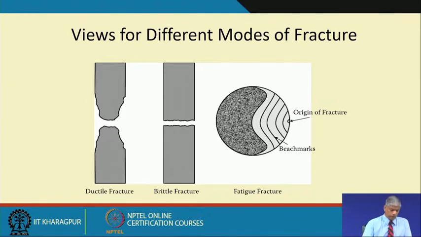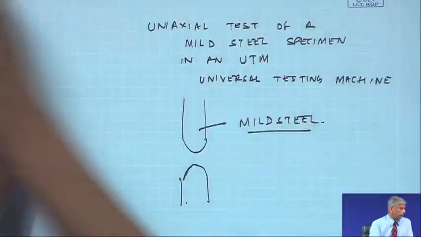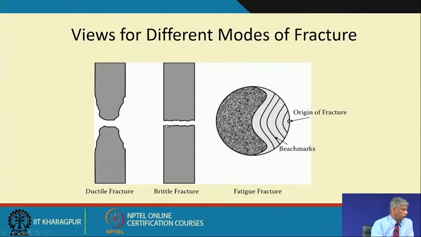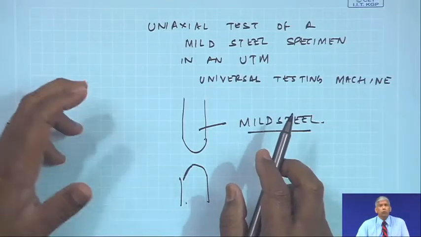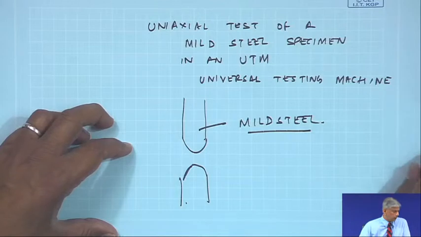But in brittle materials, the failure is sudden, and then you will have a lot of shiny spots on the surface. Looking at this surface, we get some clue as to what kind of failure is happening.